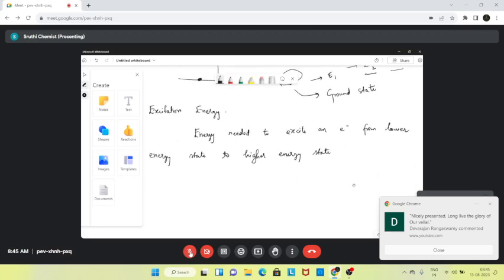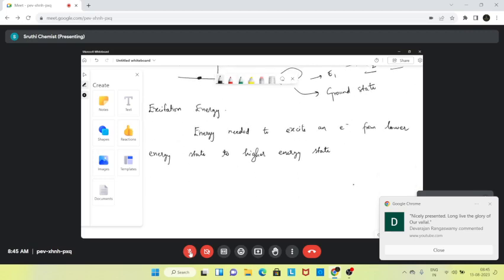And what is the formula for this? Very simple. Delta E is equal to E2 minus E1. It is important that the higher energy state comes first: higher energy state minus lower energy state.